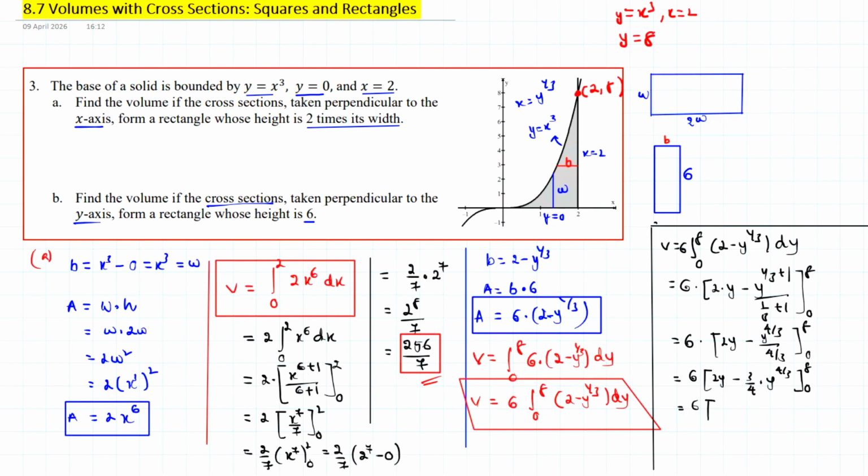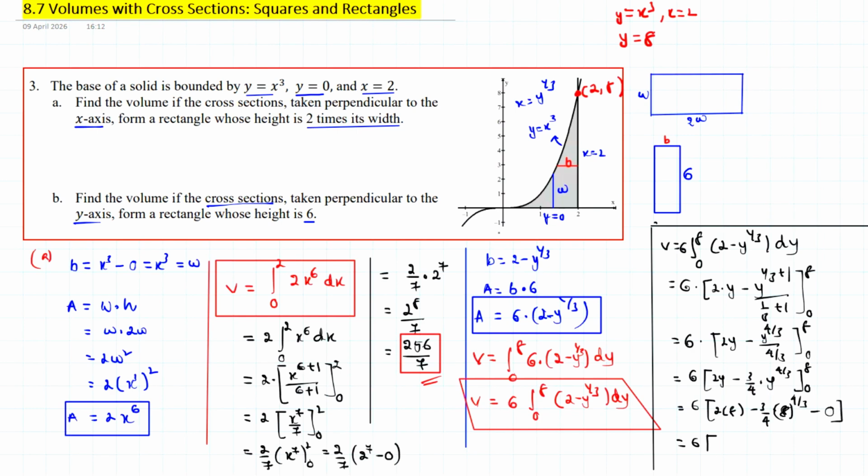So for the upper limit, that is 2 times 8 minus 3/4 times 8 to the power 4/3, minus, when you plug in y equal to 0, both terms contain 0, so we have 0.